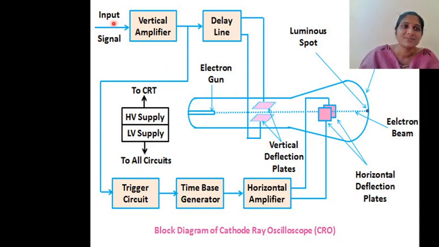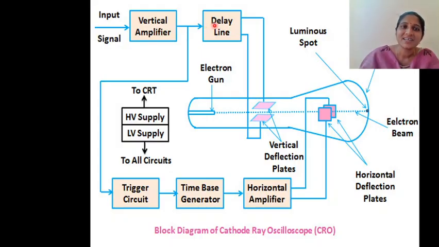When the input signal is fed to the vertical amplifier, the amplifier amplifies the weak signals. If the input signal is weak, then this vertical amplifier will improve the deflection sensitivity of that weak signal, and then it is given to the delay line circuit.